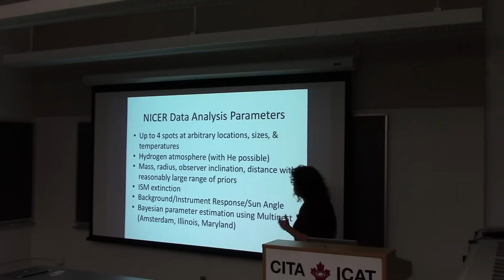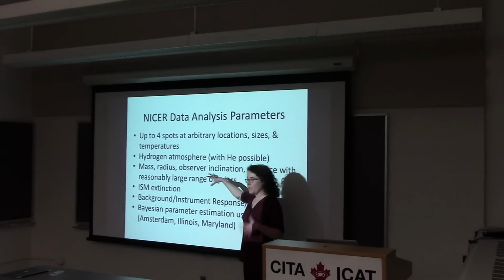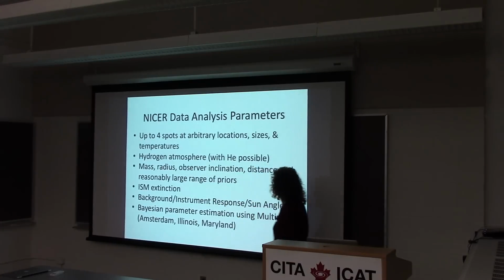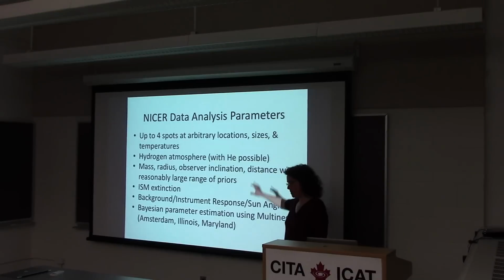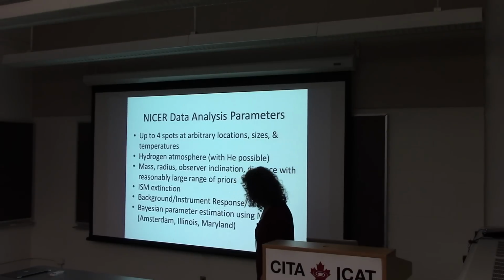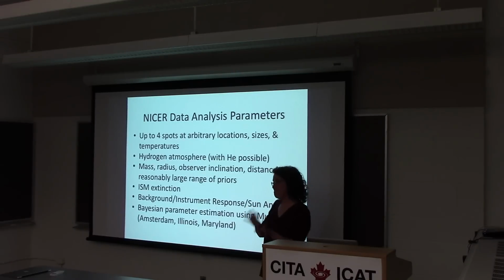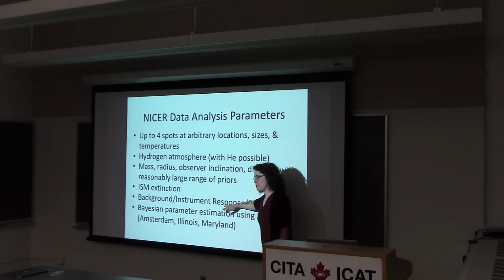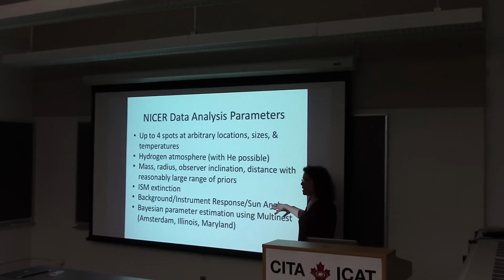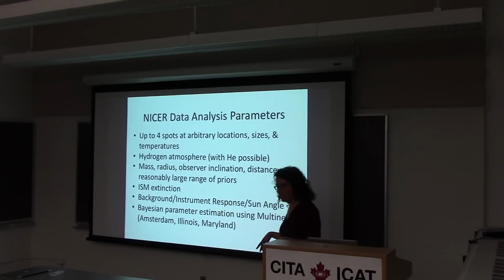And then of course we don't know the mass, radius, observer's inclination. In some cases we know the distance reasonably well, so there are various ranges of priors for these things. You've got ISM extinction, you've got some background. You've got all sorts of horrible things like the instrument response function and contamination by the aurora borealis and the sun. So there's messy stuff there.